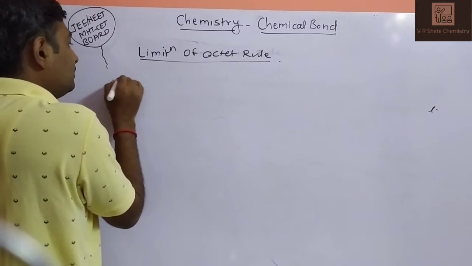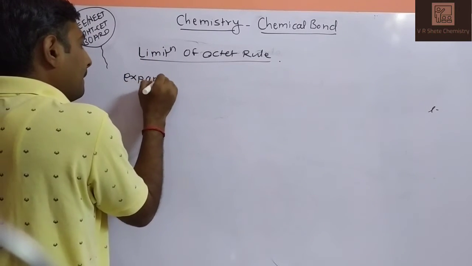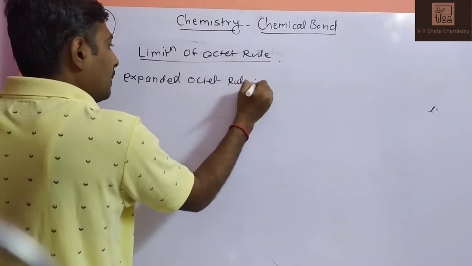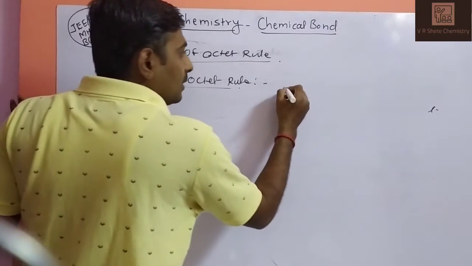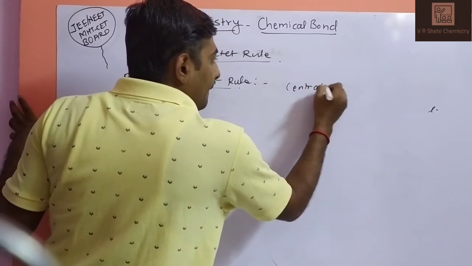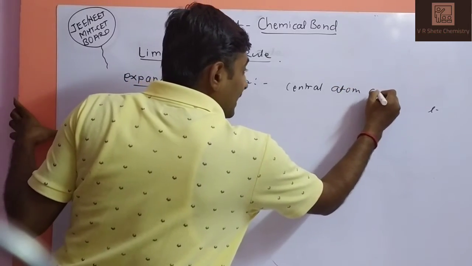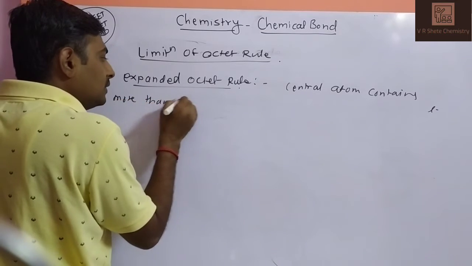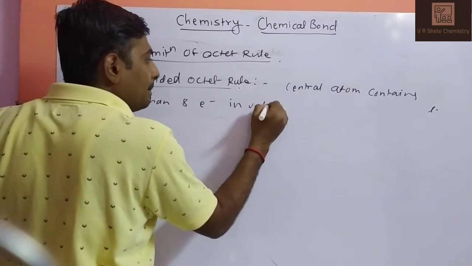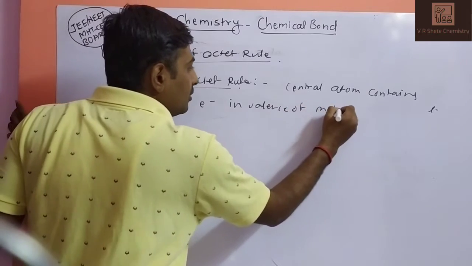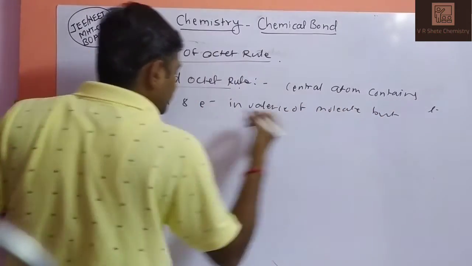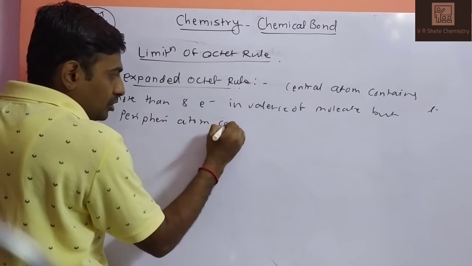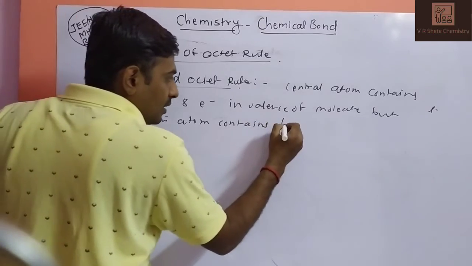Same definition again: the central atom contains more than 8 electrons in the valence shell of the molecule, but the periphery atoms contain octet.